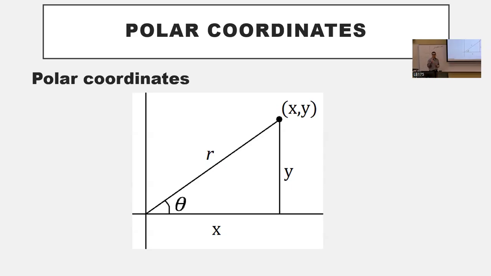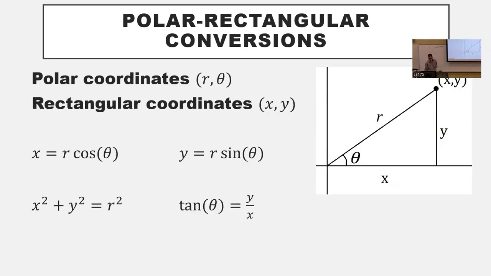And let's think of the angle from the x-axis and what angle we need to get to that same point. So instead of giving us x and y, polar coordinates are going to give us r and theta. We follow that? So polar coordinates are giving us r and theta.